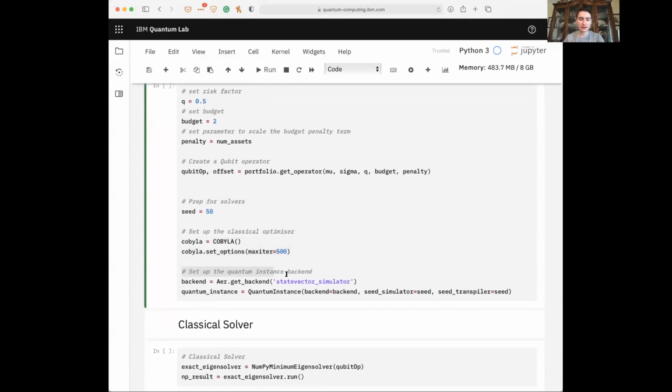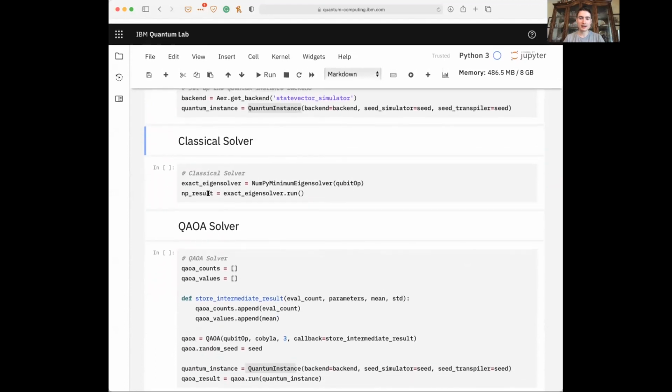And then we see down here some code that we are more familiar with, setting up the quantum part, right? So we're going to get Aer.get_backend. Looks like we're going to use the state vector simulator. And then we set up this quantum instance thing, which we haven't necessarily seen before, but if you wanted to, you could look this up, see what it does. Okay, let me run that cell.